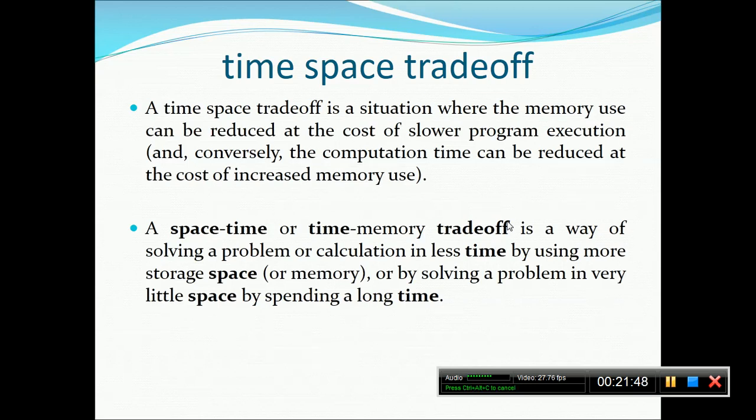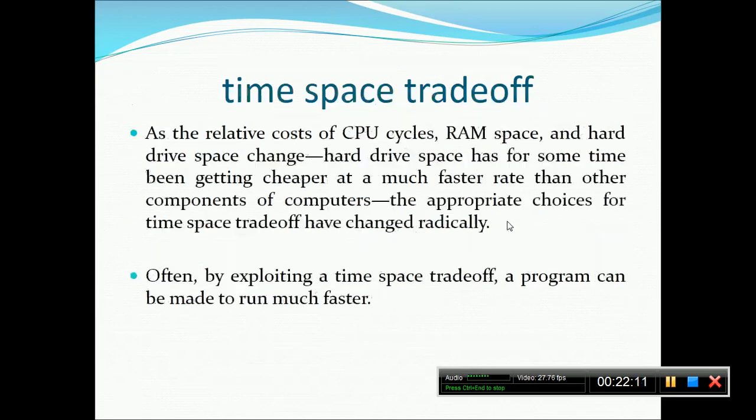Now the space-time or time-memory trade-off is a way of solving a problem or calculation in less time by using more space, or by solving a problem in very little space by spending a long time. Again, space or memory are inversely proportional to time.